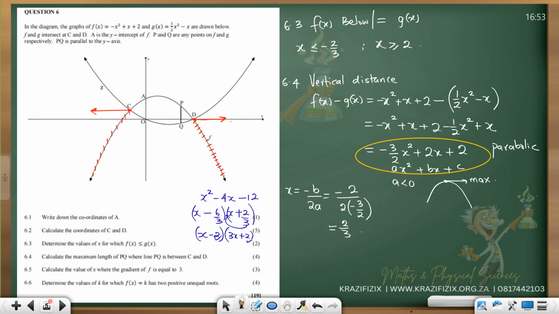But what is then the maximum length of PQ? So maximum PQ will be, we go back to our equation, and this is a very, very common concept in maths. Please give me an answer. Oh, thank you, Naledi. You gave me 2 over 3 already. Oh, that was before. Quick response here.